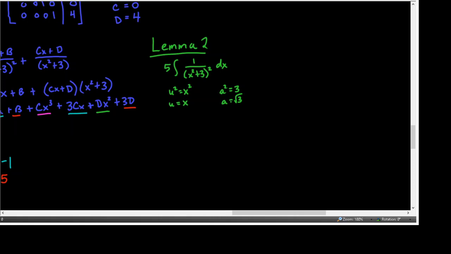And that means that x, which is our u, will be a. Remember, the trig substitution we do with the sum is let it be a tangent theta. So that means that dx is going to be the square root of 3 times the derivative of tangent, which is secant squared theta d theta.